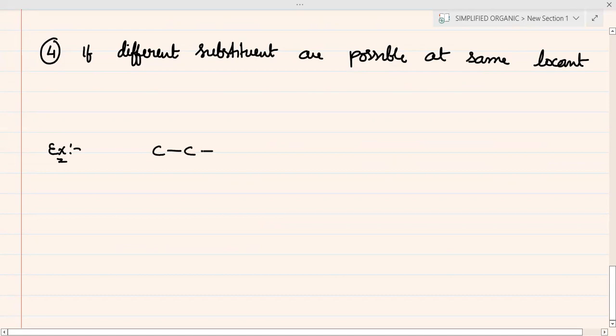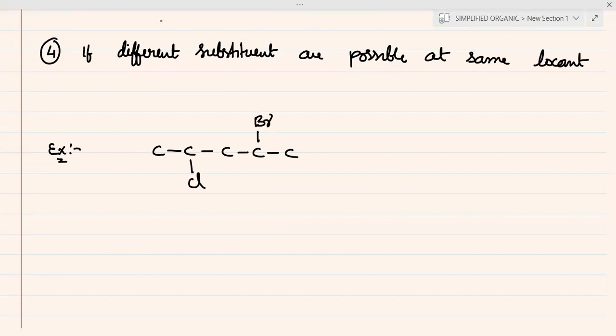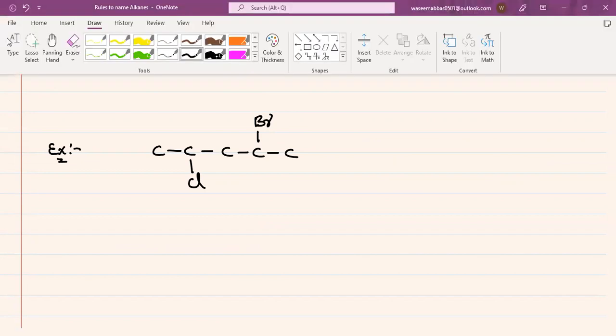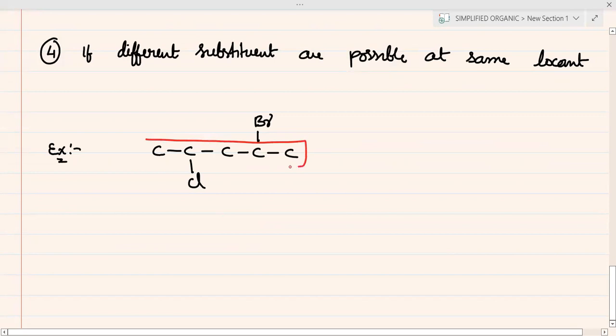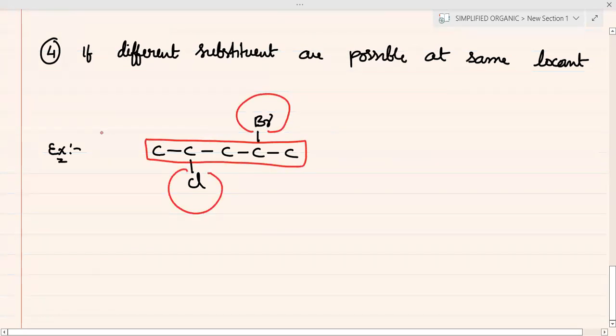if this is the carbon chain I have, and here I have chloro, and here I have bromo. If I number the parent chain from this direction, 1, 2, 3, 4, 5, what are the locants? 2, 4.